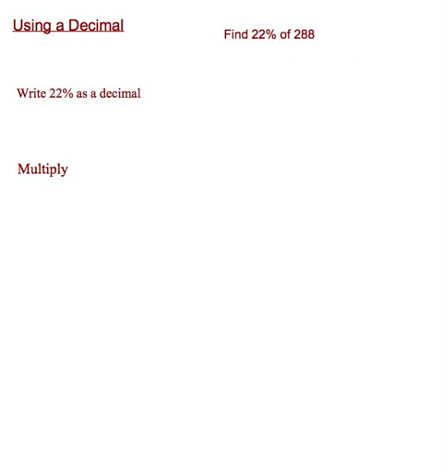Now, in another example we can use a decimal to find our answer. In this case, we're asked to find 22% of 288. The first thing we can do is write 22% as a decimal. And 22% is 22 out of 100, or 22 hundredths.